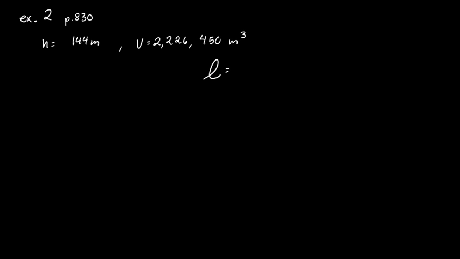So I have a square pyramid, which is nice, as the base will just be side squared. Alright, so I need to find the length of the base, which I'm just going to mark as L, and then I've got my height here.